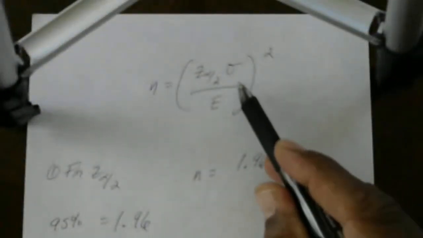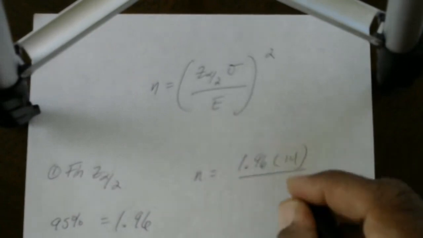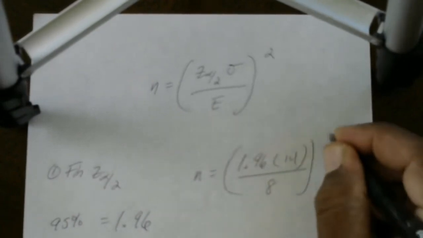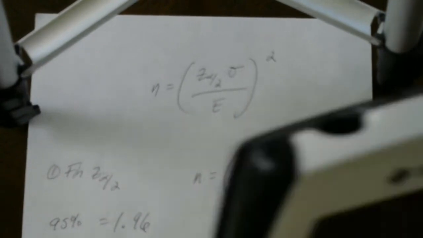So the standard deviation was 14, the margin of error was 8, and we're going to square that quantity.